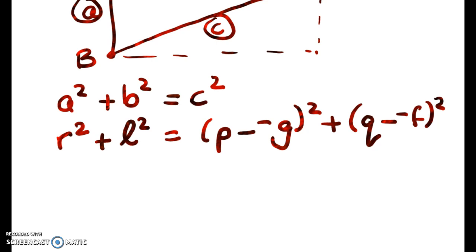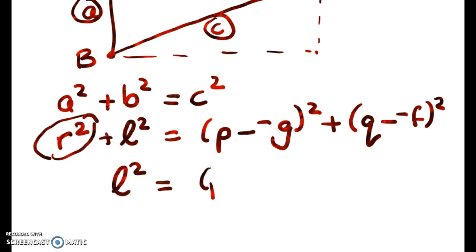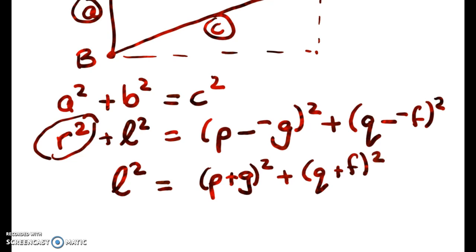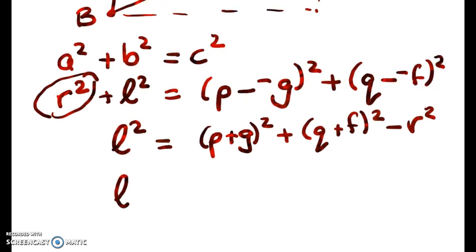And R squared is coming from my equation of the circle. So that gives me this. L squared is equal to P plus G squared plus Q plus F squared minus R squared. So L squared is equal to this stuff. So that's G, not Q.